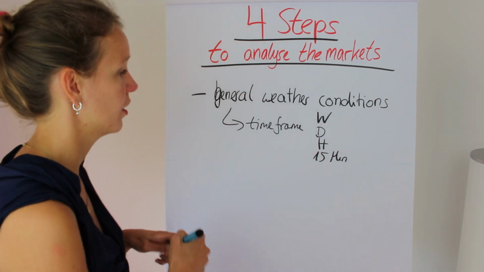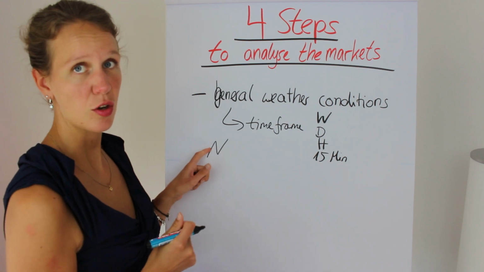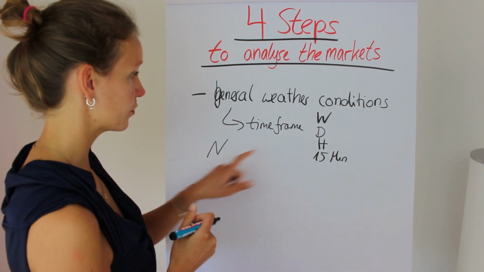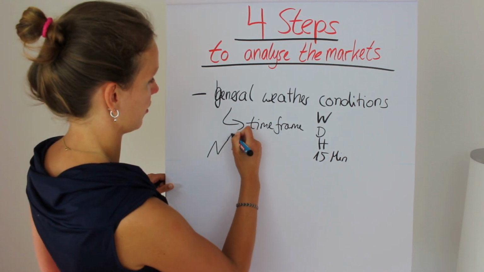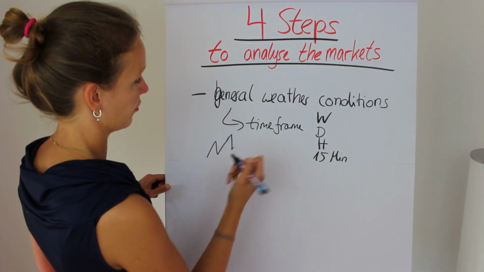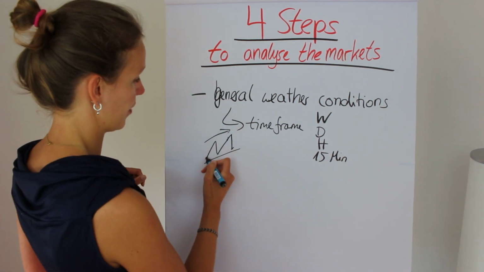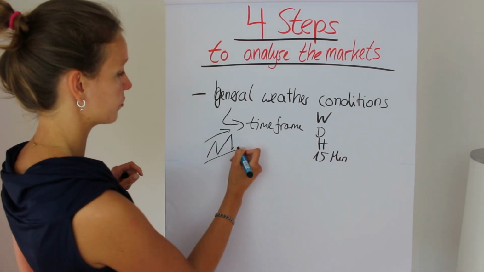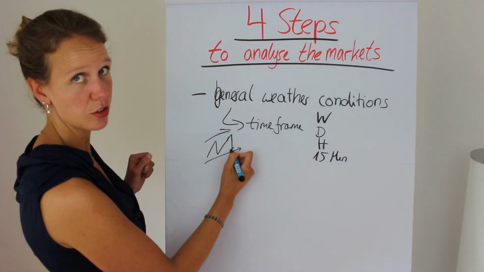For example, if we are in an overall uptrend on the weekly chart and the daily chart, let's say we're at this point. At first we're in an upwards movement. You see, we are making higher highs and higher lows. So we're in an upwards movement and having a correction here.